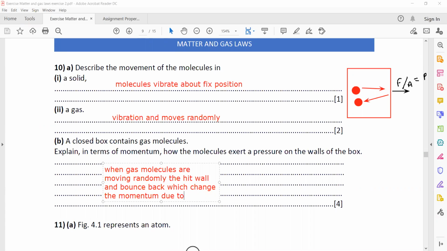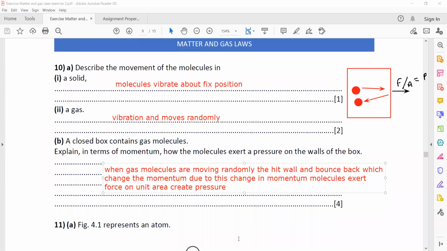Due to this change in momentum, molecules exert force on unit area, create pressure. So this is the answer: gas molecules moving randomly change direction, cause a change in momentum, and due to the change in momentum, exert force on a unit area that is responsible for creating a pressure.